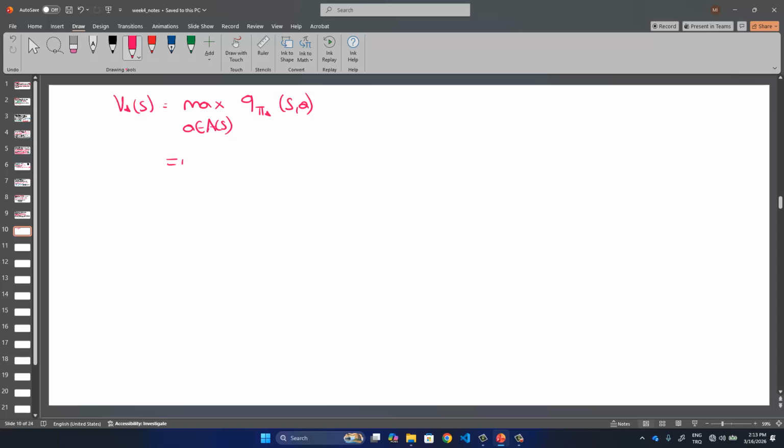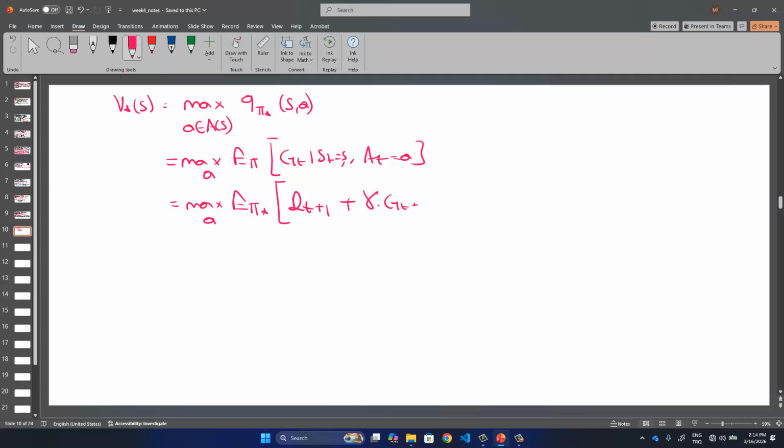Okay, and after that we can expand these terms using the definition: the expected value under pi star of G t, given S t equals s and A t equals a. If we expand this term also, it is R t plus 1 plus gamma times v star of S t plus 1, given S t equals s, A t equals a, and also the max over a of the expected value.